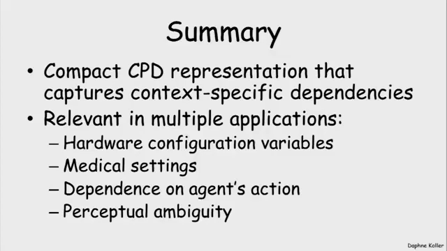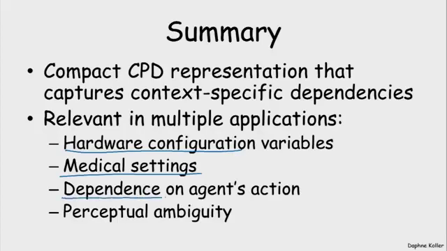So to summarize, tree CPDs provide us with a compact representation that captures effectively this notion of dependence in a context-specific way. And as we've mentioned, it's relevant in a broad range of applications of which we've only given some examples. Hardware configuration, medical settings where depending on the kind of situation that you're in, you might depend on one set of predisposing factors, say, or another.